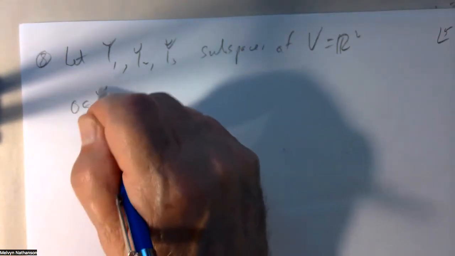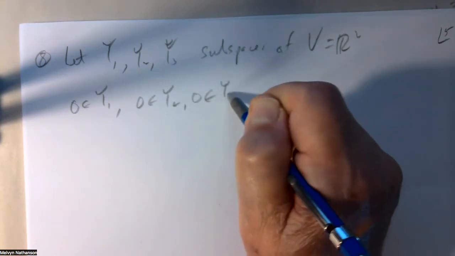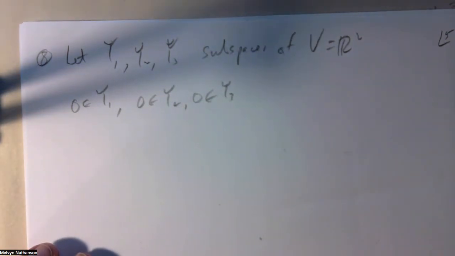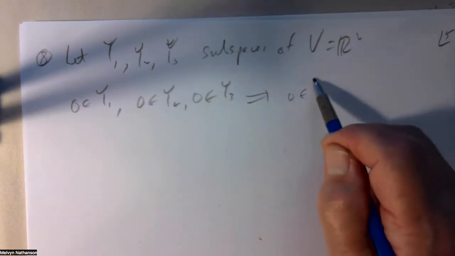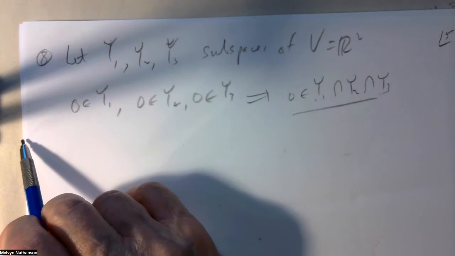So 0 is in Y1, 0 is in Y2, and 0 is in Y3, because every vector space and every subspace contains 0, so 0 is in Y1 intersect Y2 intersect Y3. So 0 is in the intersection.